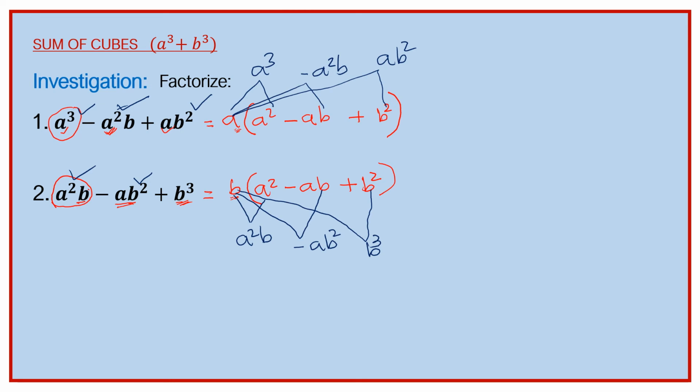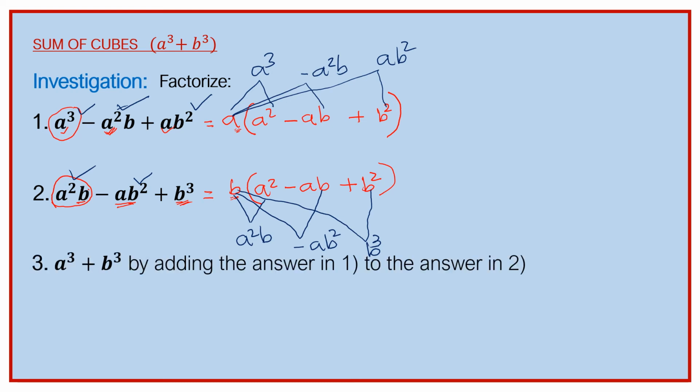Okay? So, let us move on and we get to number 3. We need to know a cubed plus b cubed by adding. Adding means plus. The answer in 1 to answer in 2. Remember, this is answer in number 1 and this is answer in number 2. So we will add them together.